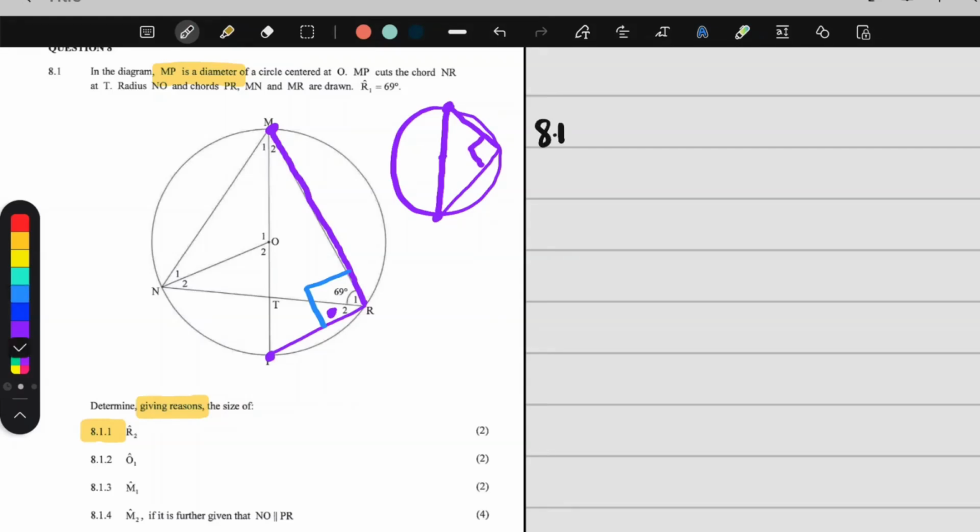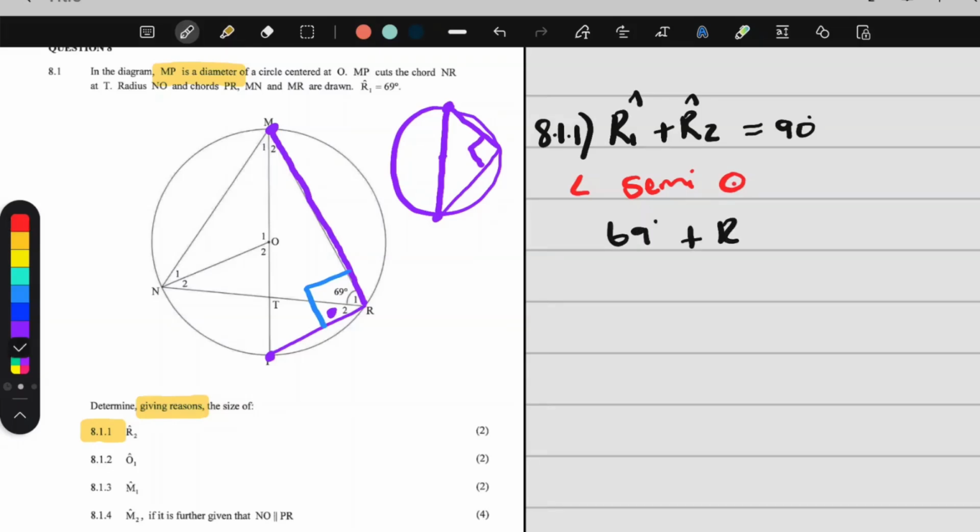For 8.1.1, I'm going to say R1 plus R2 must give me 90 degrees, and the reason: angle in a semicircle. R1 is 69, so 69 plus R2 is then 90.